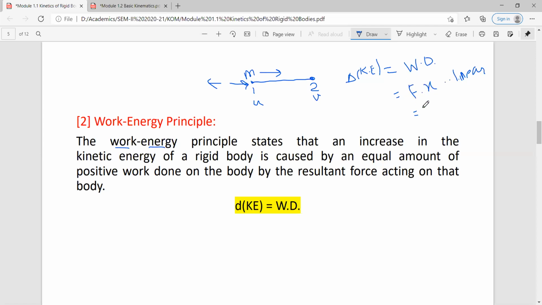So force will be replaced by torque, and linear displacement will be replaced by angular displacement theta: T into theta.